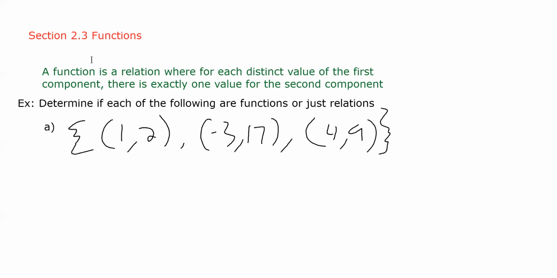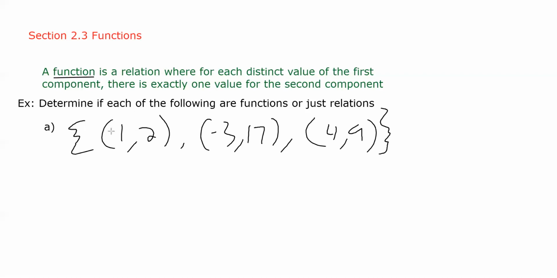So let's go back to the definition of a function. A function is a relation where for each distinct value of the first component, there's exactly one value for the second component. So the first components here are 1, -3, and 4.